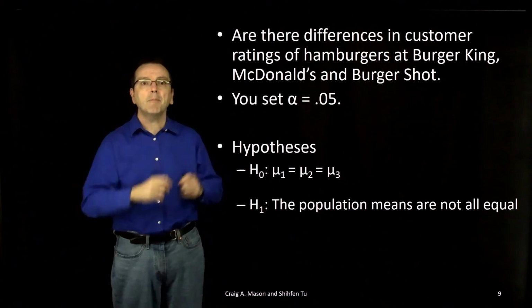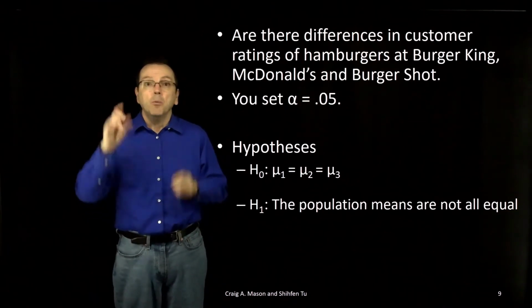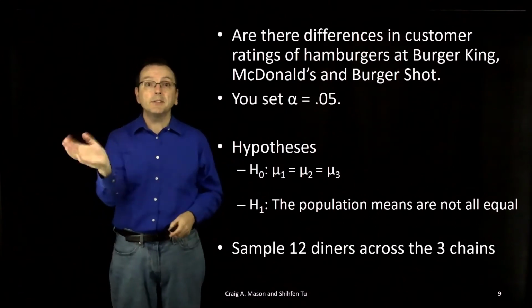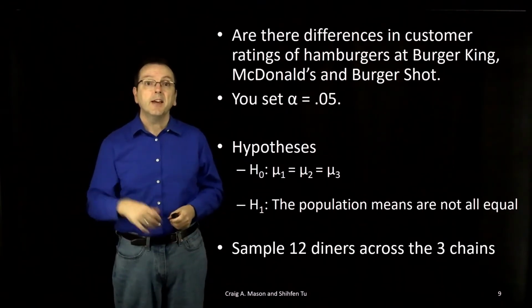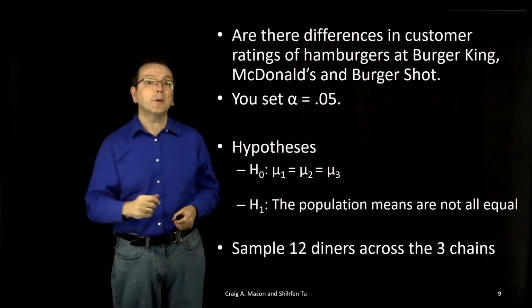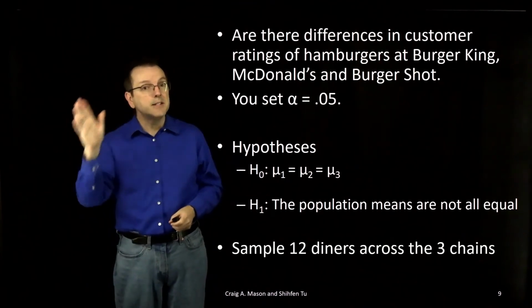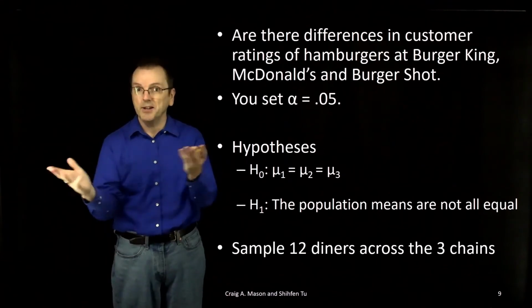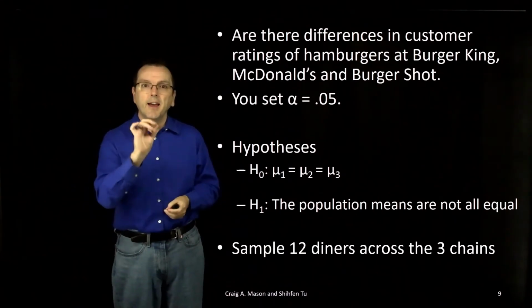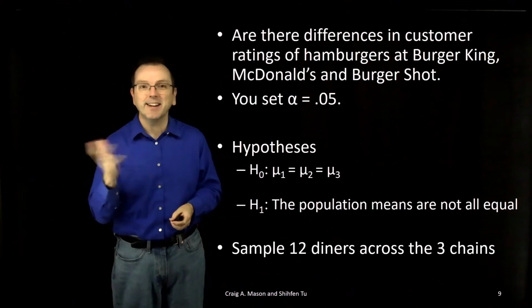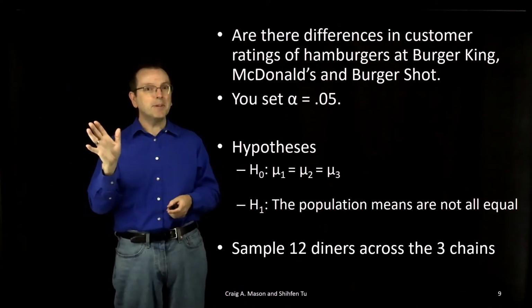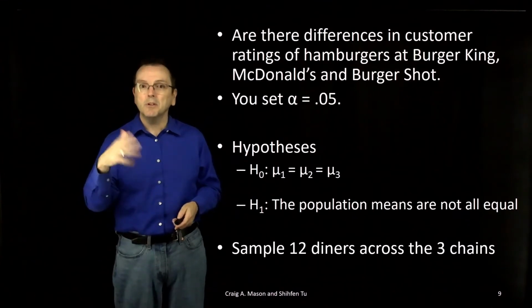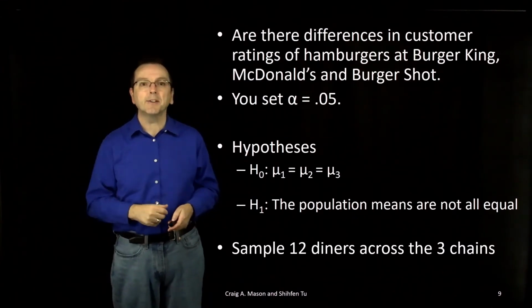So that's our hypotheses. We then go out and sample 12 different diners across the 3 fast food chains and ask them to rate their hamburger. Notice it's different people at each restaurant, so the samples are independent. And again, this is a ridiculously small sample of made-up data to make the calculations more straightforward and transparent.